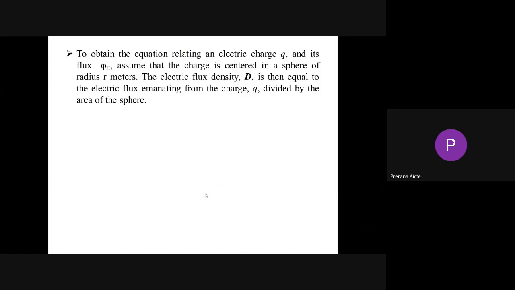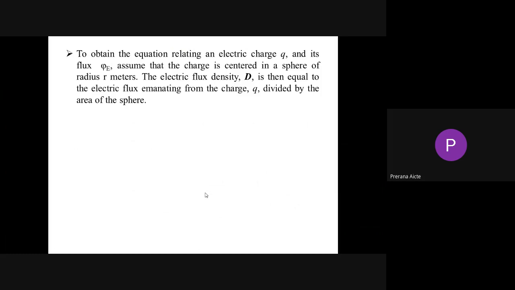Now, this charge is placed in the sphere, a spherical coordinate system. There are different types of coordinate systems: Cartesian, spherical, and cylindrical.